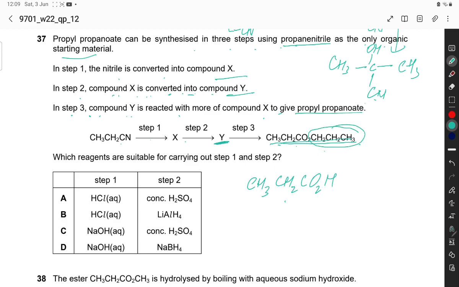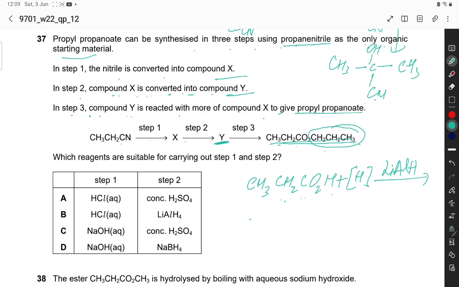So this is not dehydration but a reduction reaction.